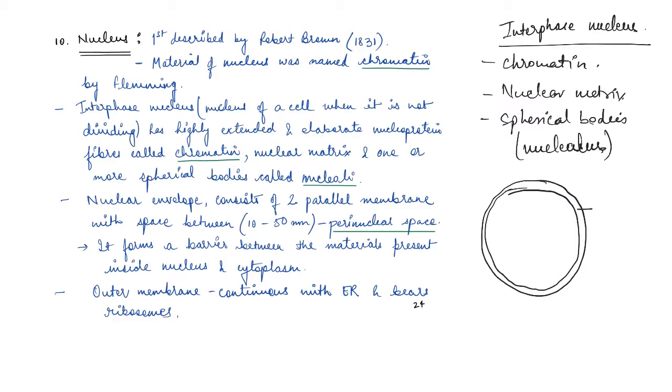There is a space between these membranes, which is known as the perinuclear space. This space is 10 to 50 nanometers, and it forms a barrier between the material present inside the nucleus and the material present in the cytoplasm, which is outside of the nucleus.